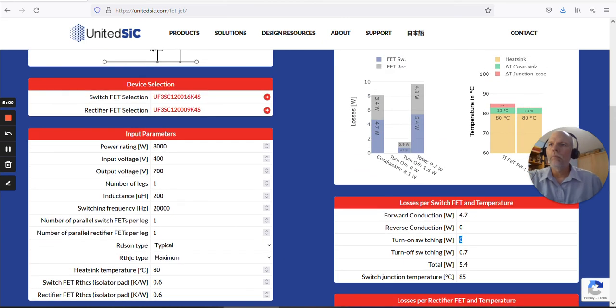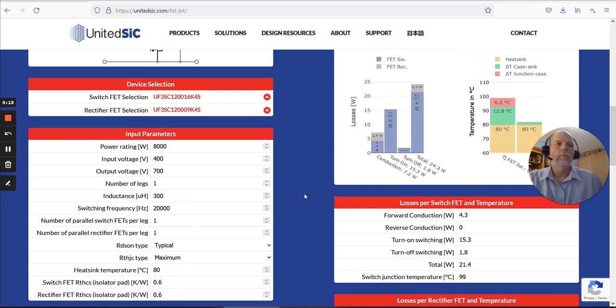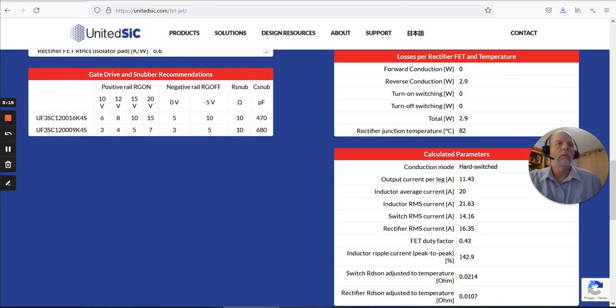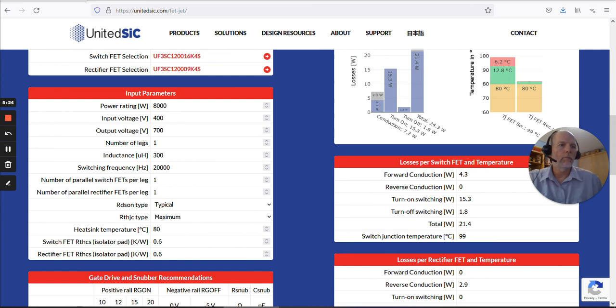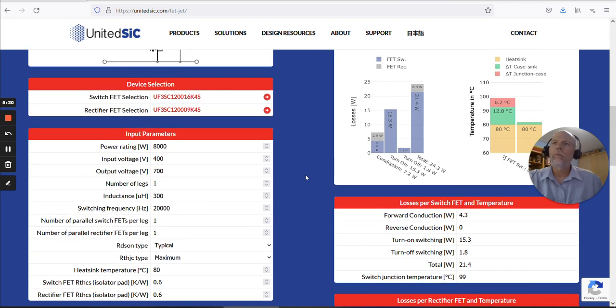Now if we go up to 300 microhenries, we're going to be in hard switch mode, and here you'll see the switching losses jump up. Not in the rectifier because it's a synchronous rectifier, but the switch is going to have hard switching. We'll have turn on and turn off.